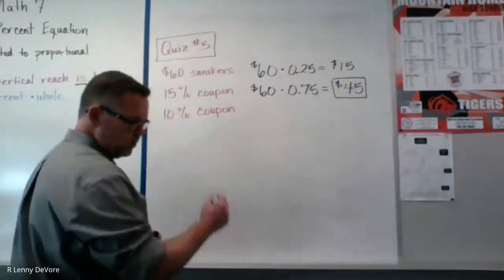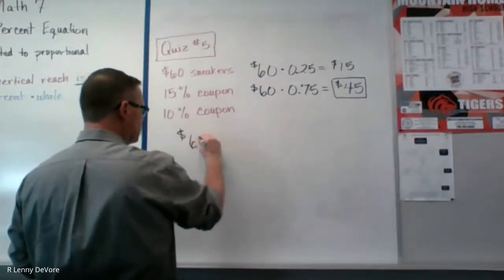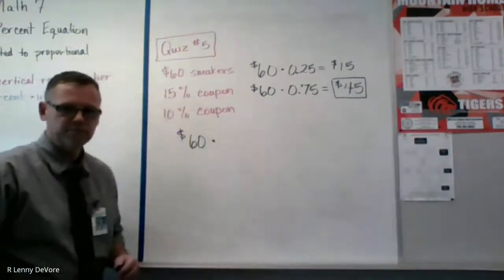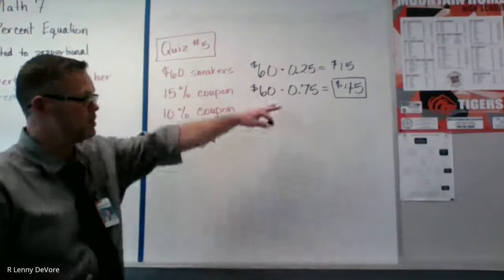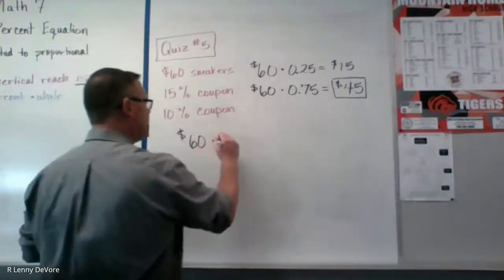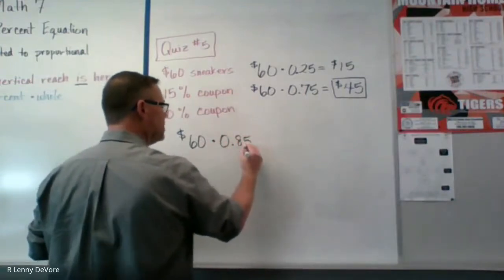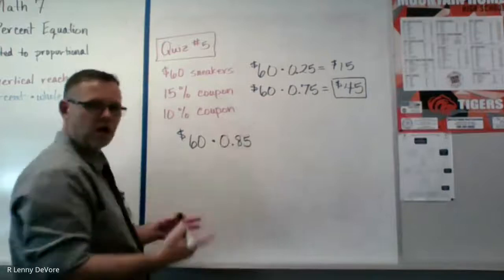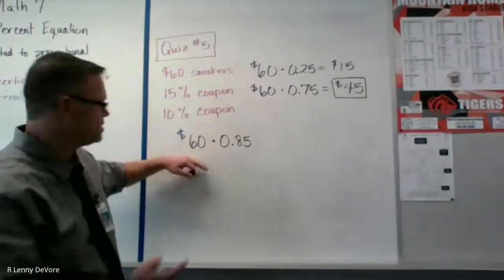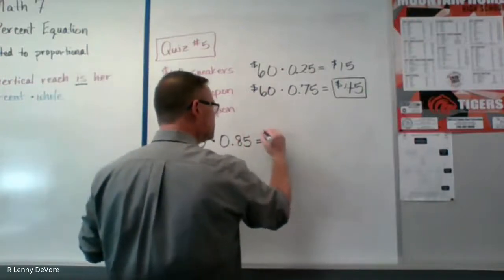What I need to do is take the $60 and multiply it by, now this is 15%, right? So I'm going to do this the complicated way that I just showed you here. In other words, I would multiply by 85%, in other words, 0.85, because 85% and 15% make 100. So what I'm virtually doing is getting 85% of $60, which equals $51.